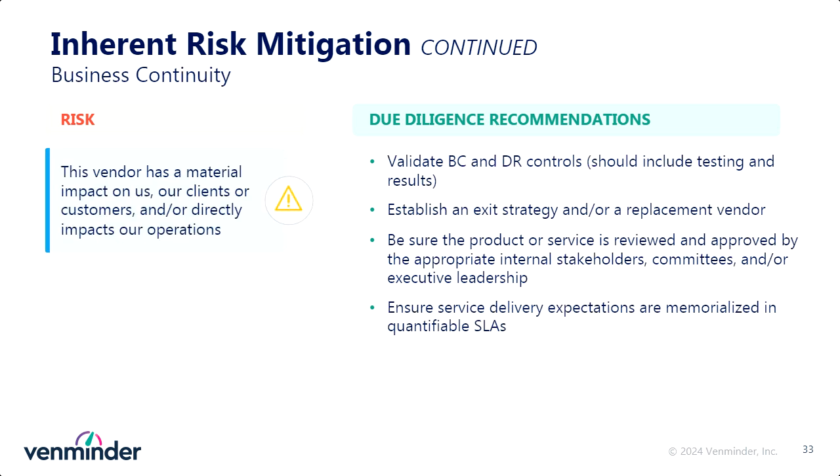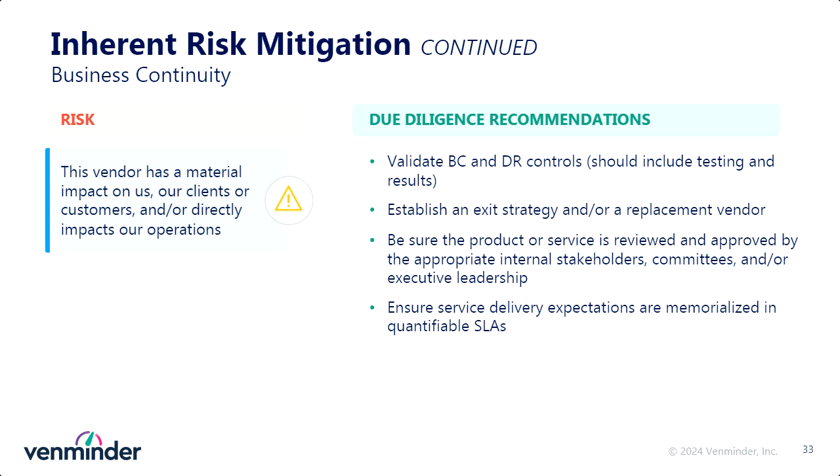For business continuity risk, the example here is a vendor that has a material impact on your organization or customers. So that symbol means you should consider this risk in your criticality determination because it's very likely that this is also a critical vendor. Due diligence recommendations would be validating the vendor's business continuity and disaster recovery controls, which include testing and results, and establishing an exit strategy, which may include identifying a replacement vendor even before you sign the contract.